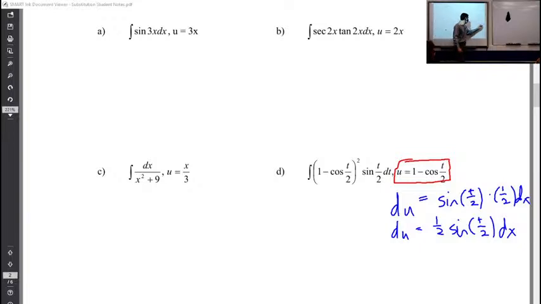And let's use dt instead of dx because there's not an x in the problem. That's my fault. So we're going to multiply by 2 on both sides. So 2 du equals sine of t over 2 dt. There we go.